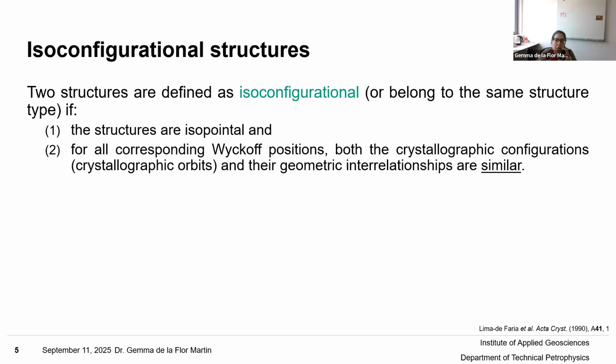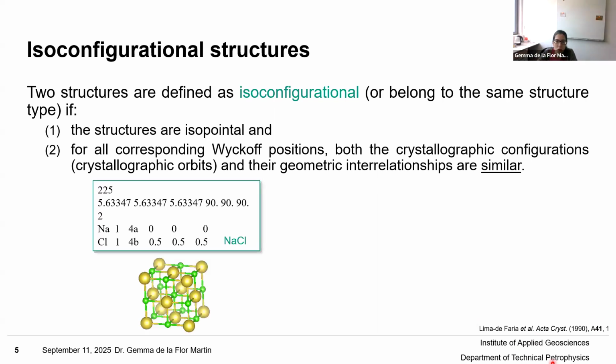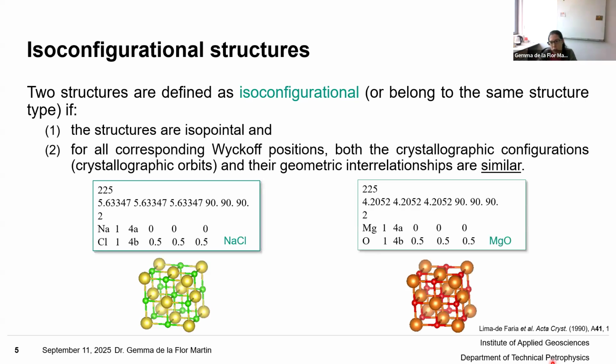The notion of similar is not strictly defined in this definition, which makes this second condition difficult to quantify. If you are curious about these definitions, you can find them in this paper here. So according to this definition, sodium chloride and magnesium oxide can be regarded as isoconfigurational structures, or equivalently, as belonging to the same structure type.